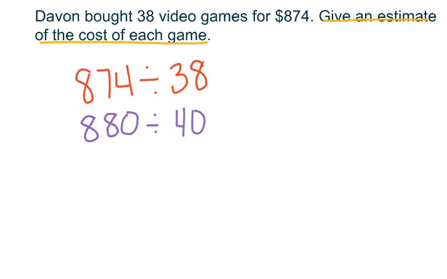The first thing I see is that I can go ahead and do 10 divided by 10 and get rid of those zeros. Now all I'm left with is 88 divided by 4. I know 8 divided by 4 is 2, and 8 divided by 4 is 2. So this lets me know that he spent about $22 on each game. Not bad.